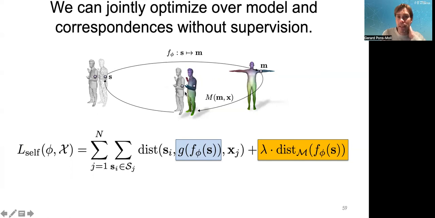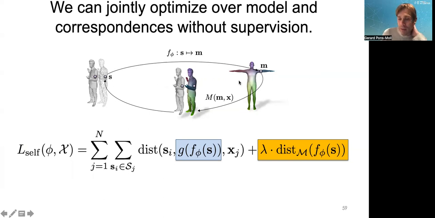What is interesting is that minimizing this energy does not require labels. In other words, I don't need paired data of point clouds with their corresponding locations. I can train this by just closing this loop.